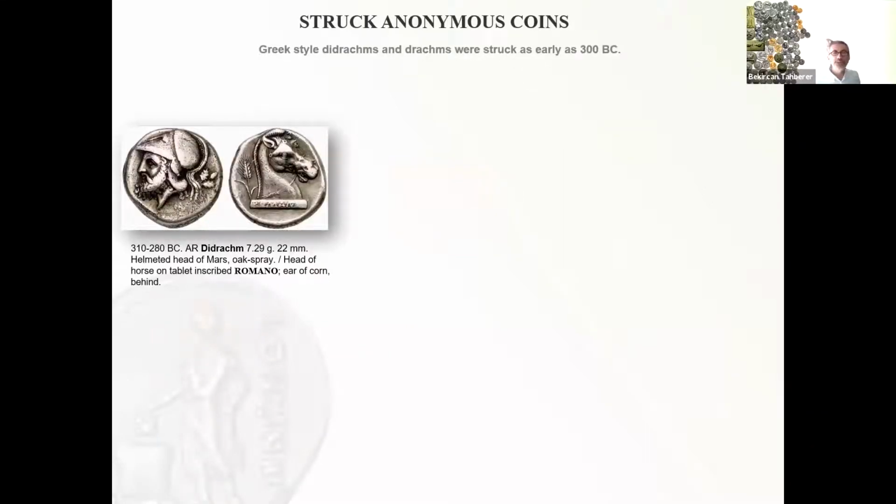During this time, they decided to employ some Greek artists and workshops, I believe, to design and mint their first silver coins. They are called Greek-style didrachms and drachms.